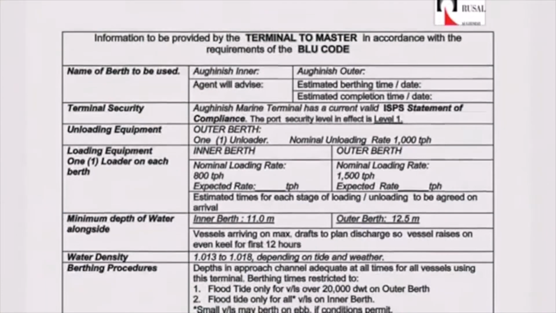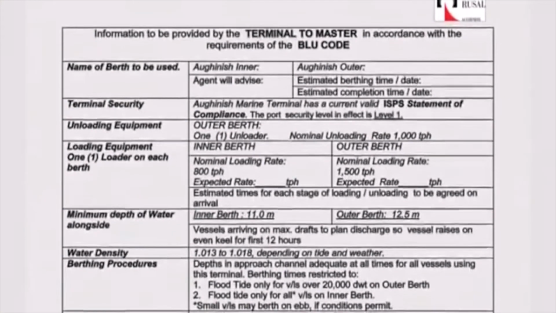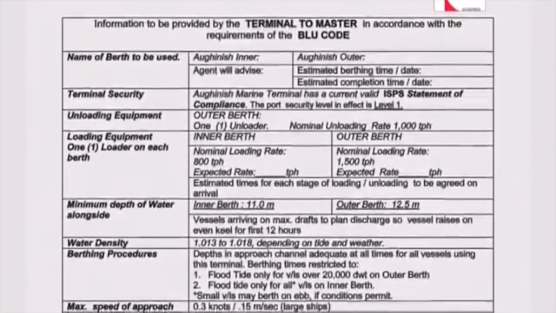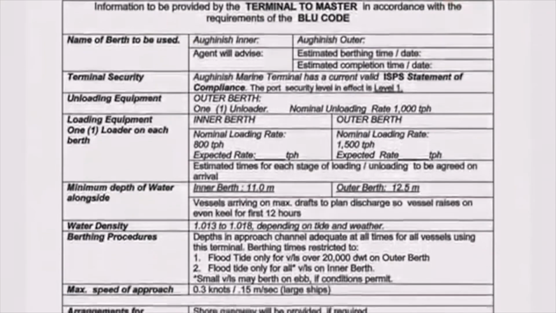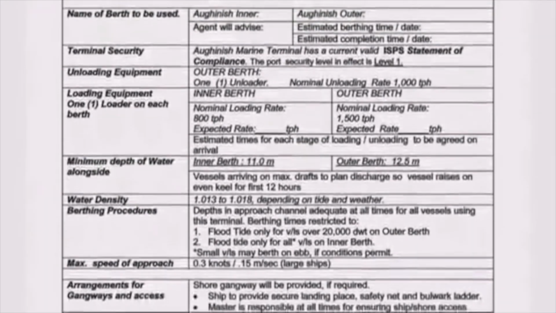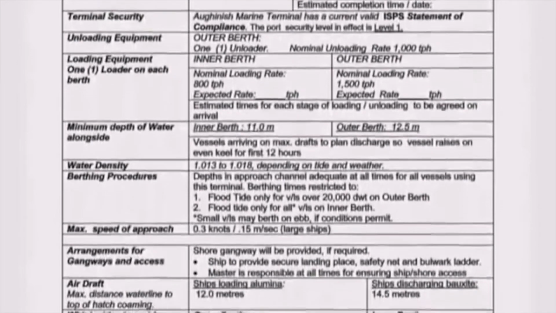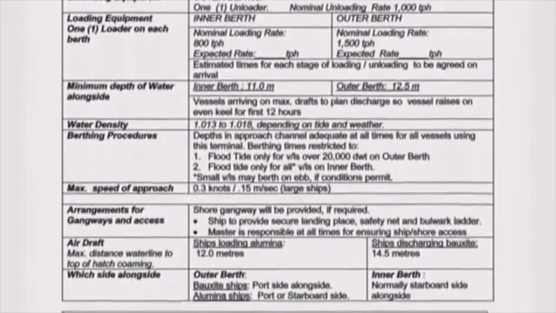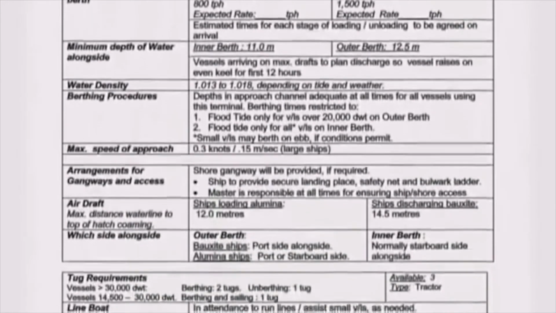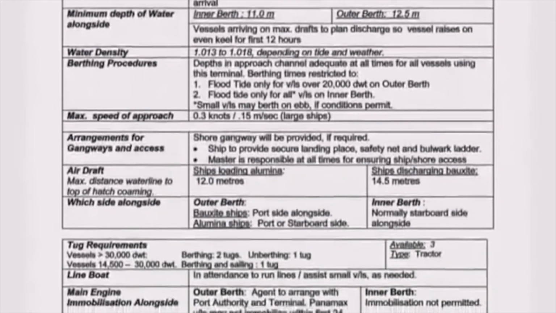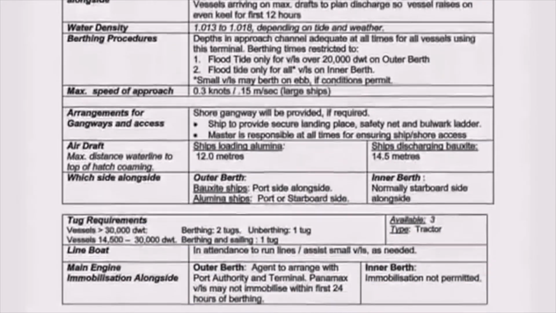For its part, the terminal should provide information such as the name and availability of the berth, the estimated times for berthing, the estimated times for the completion of loading or discharge, any characteristics of the cargo handling equipment, expected loading or unloading rates, and the name and contact details of the nominated terminal representative.